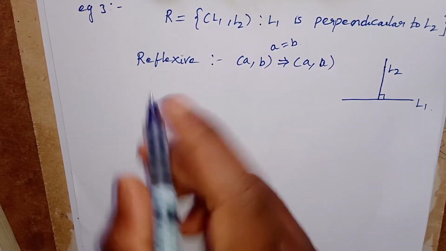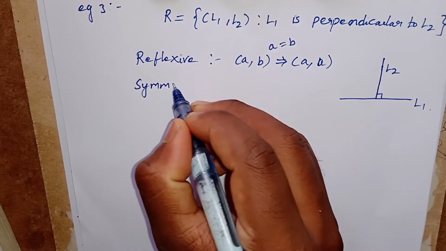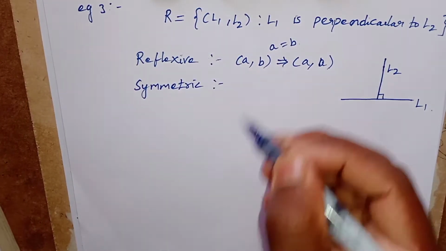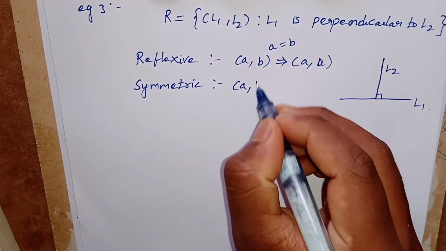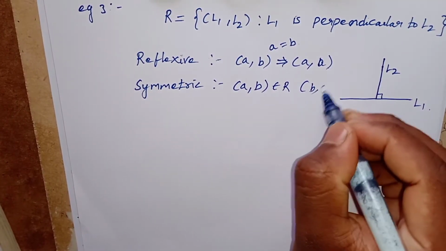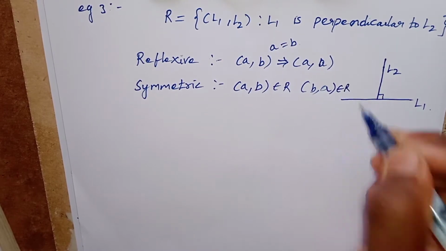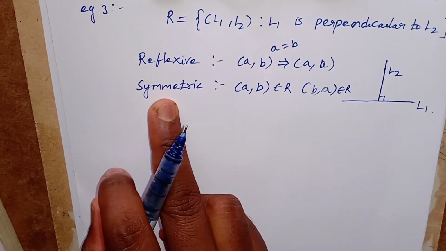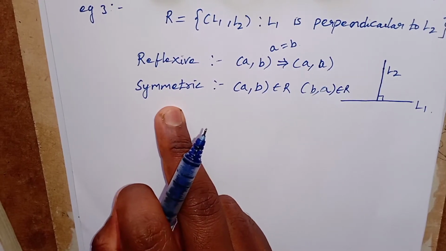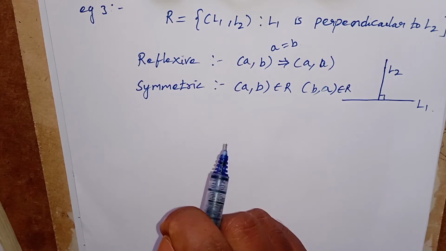Next, for symmetric: if (a, b) belongs to R, and (b, a) also belongs to R, then it is symmetric. Reflexive, symmetric, transitive make an equivalence relation. If you have not watched our video, check the i card button.